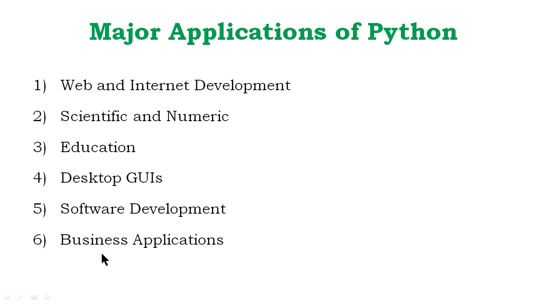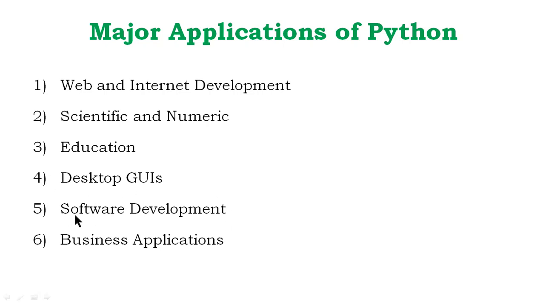I will discuss the different platforms for the application of web and internet development, then scientific and numeric Python, how Python is used inside education, in which way we can implement Python in our education system. Then the graphical user interface means how to design a particular page or designing content, maybe it's applicable in automation and robotics or any other area.